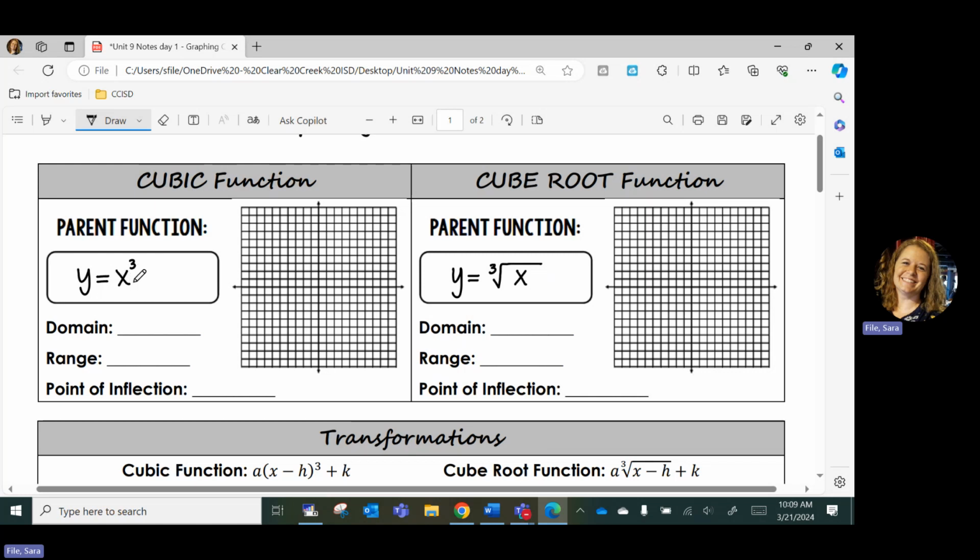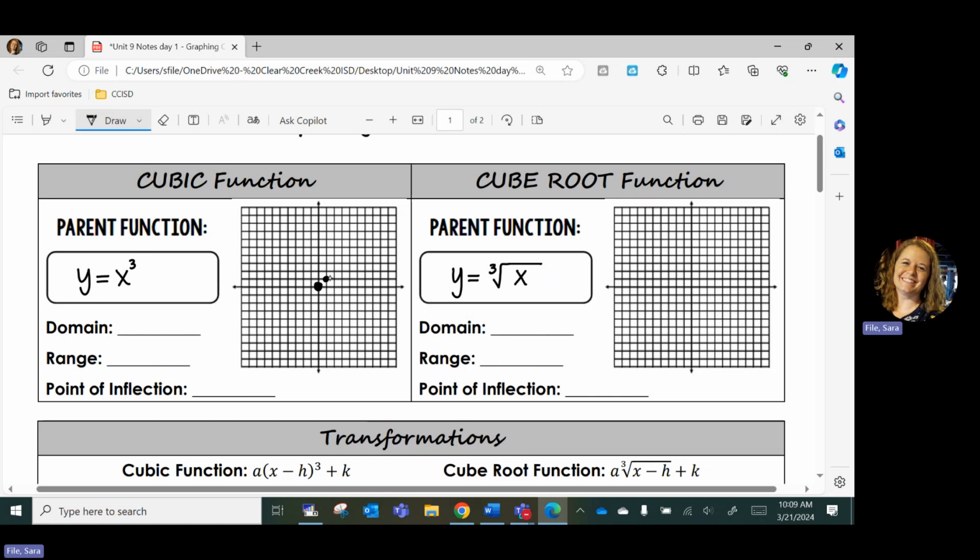If you don't remember what the parent function looks like, we can just try. If I input a 0, what is 0 cubed? 0. So there's a point at 0, 0. So I'm going to start with that. What if I input a 1? What's 1 cubed? Also 1. So there's a point at 1, 1. What if I input a 2?